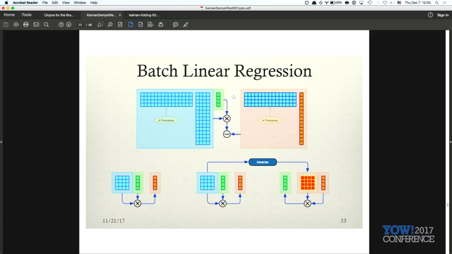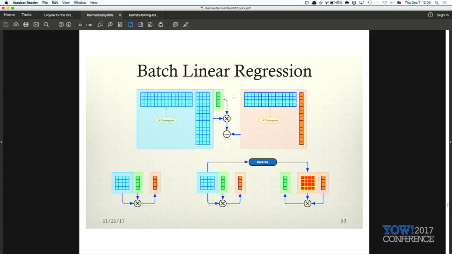The way you do this with batch linear regression, or if you're doing a school exercise, is you take this giant matrix, you transpose it, and you have another giant matrix, and you multiply the two, and you get something that you can handle. So there's a little thing that you can handle way down on the left. You still have these pesky unknowns in there, but almost all the time you can invert that matrix.